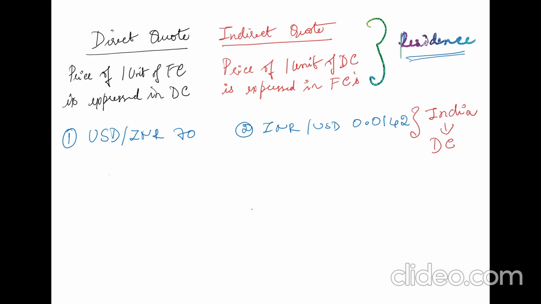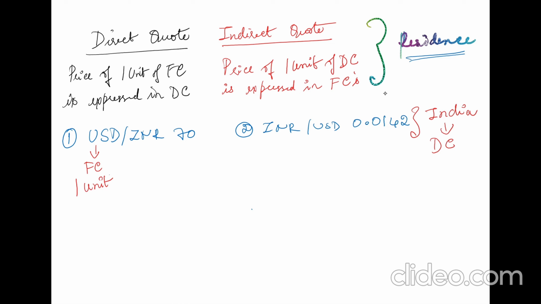If INR is the domestic currency, then the first quote, USD INR, will become a direct quote because USD will become the foreign currency. USD is in the base position, and base position currency is always expressed in 1 unit. INR is the quote currency and 1 unit of USD is expressed in INRs.